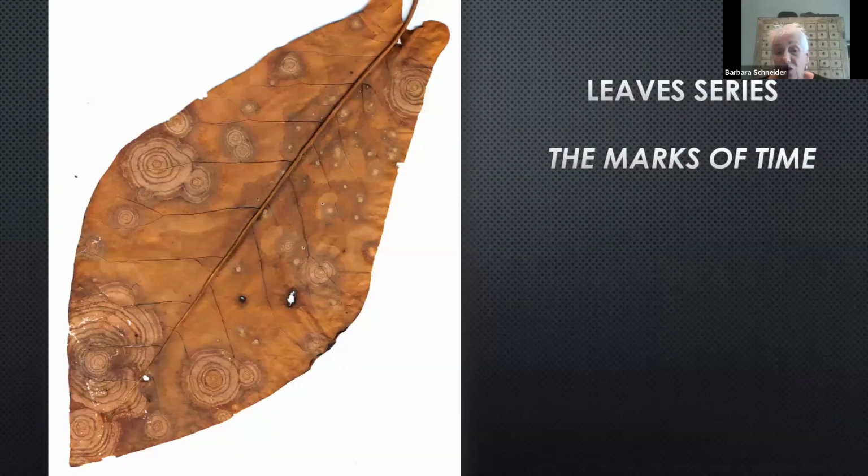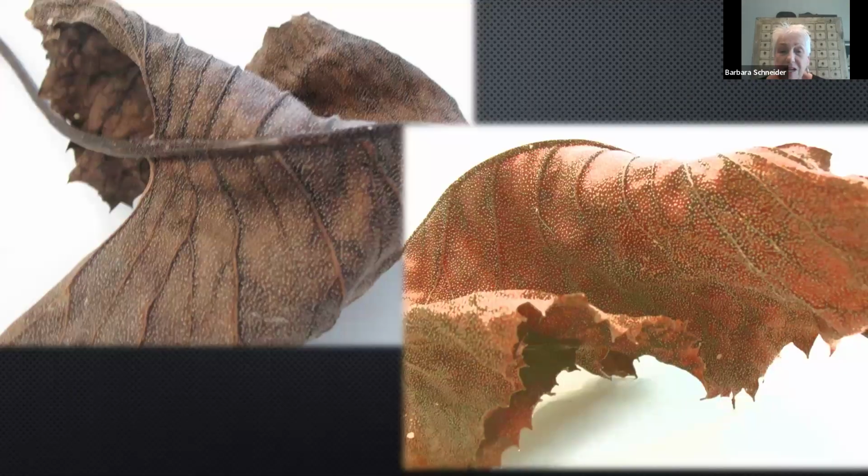But what started it all was this leaf. I picked this up one day on a walk. I was so fascinated by the patterns in it that I wanted to figure out what could I do with this. And I continue to pick up things like this.